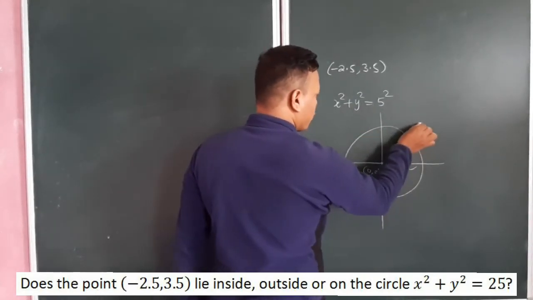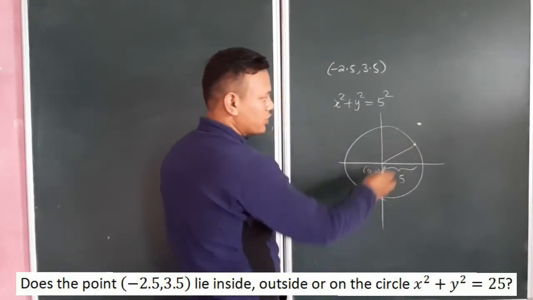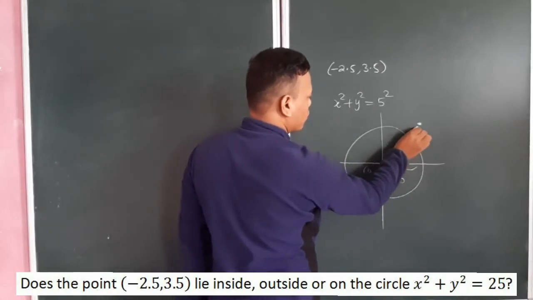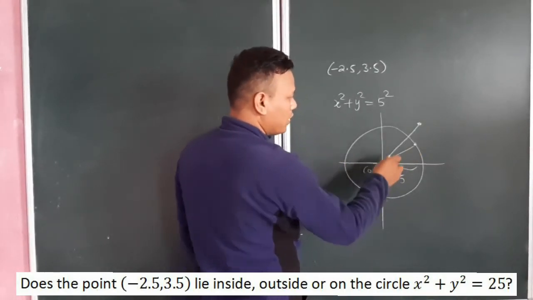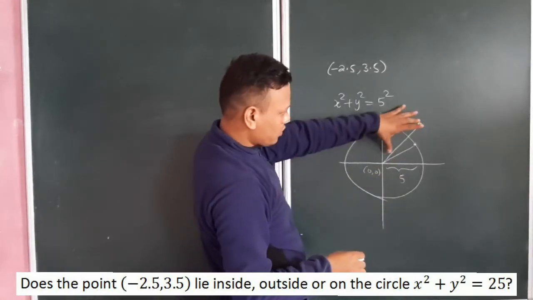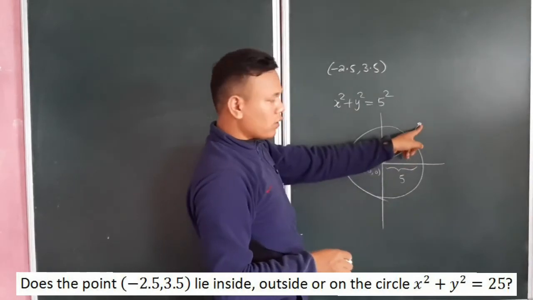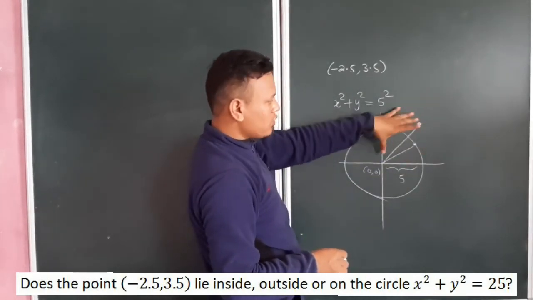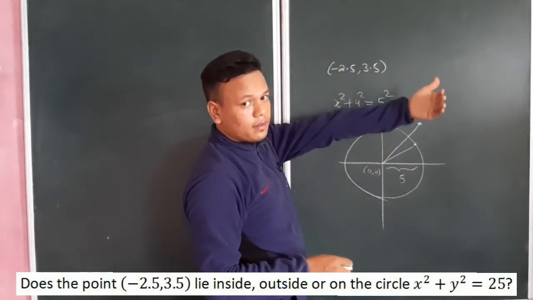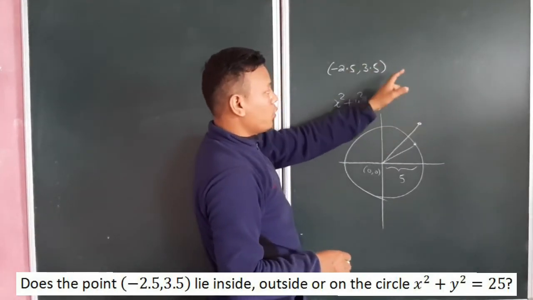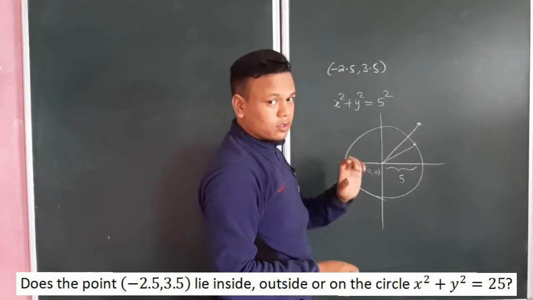Now suppose the point is lying out here, this is outside, isn't it? So if I join these two, the distance between this and this gives me a number which is more than the radius, because it is lying outside. So if the distance is more than the radius, then that point has to be outside the circle.